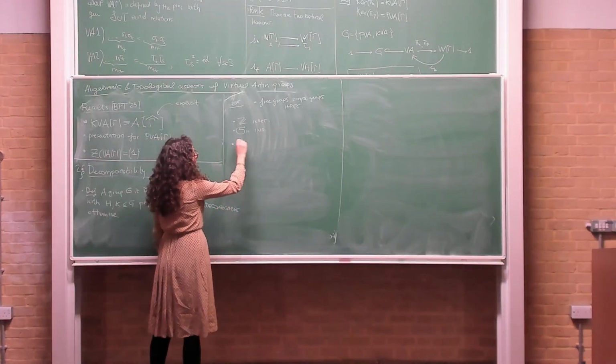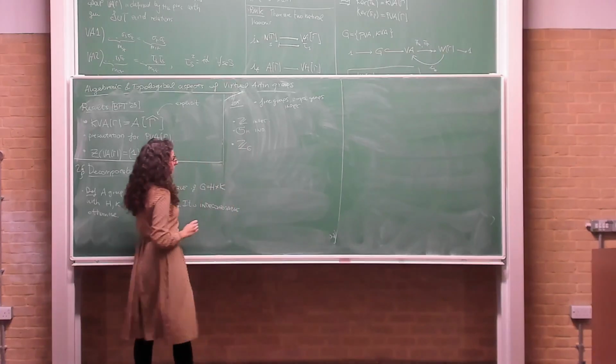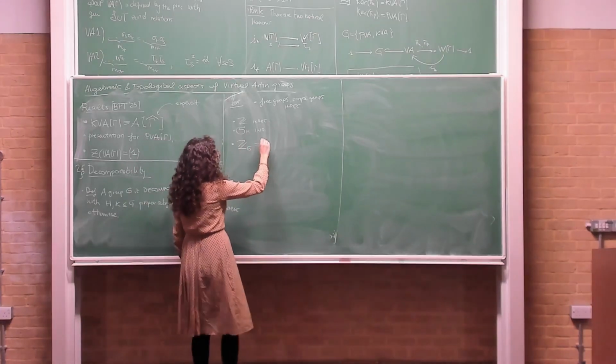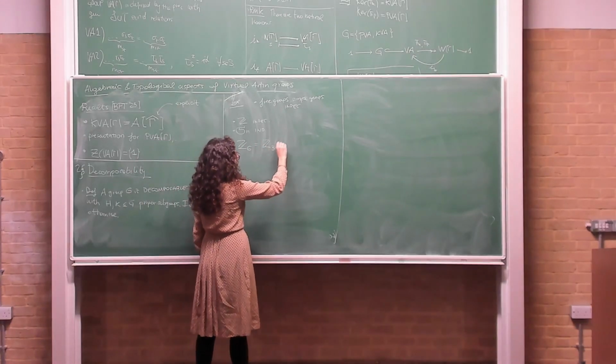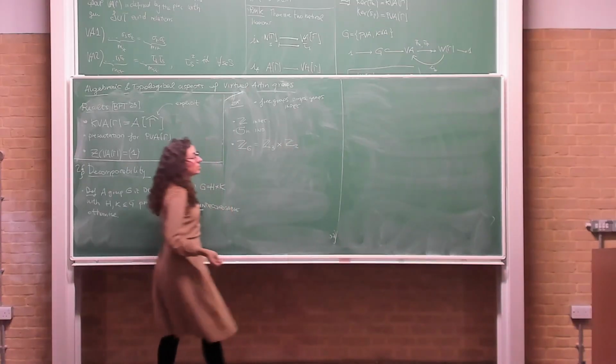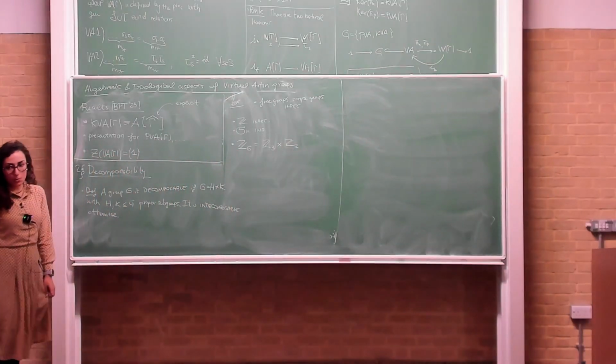But for instance, if you take Z6, then you will have inside a copy of Z3 times a copy of Z2, so this group is decomposable.